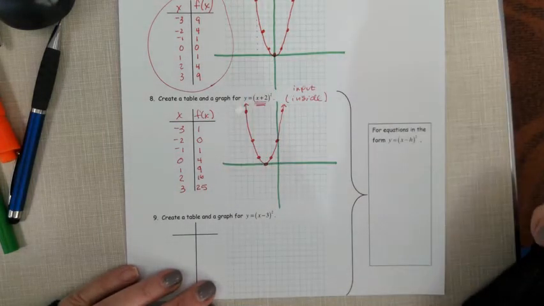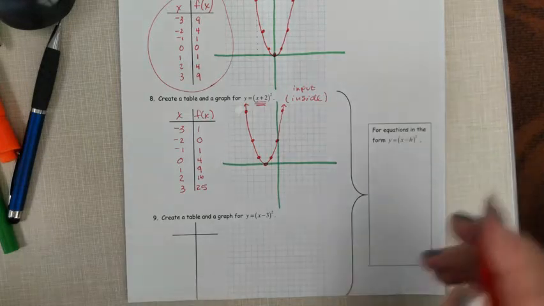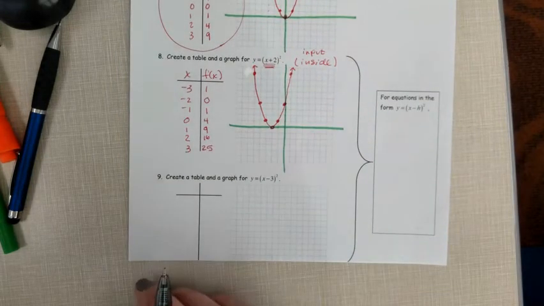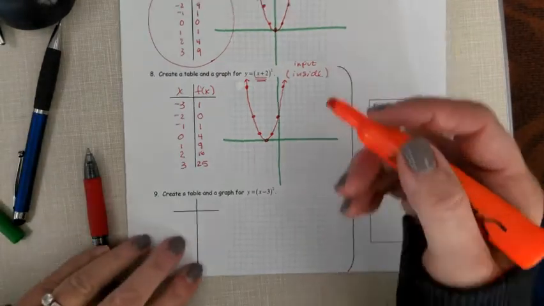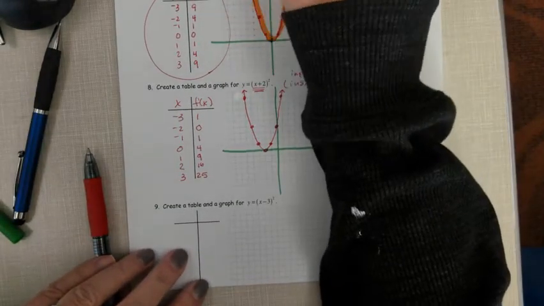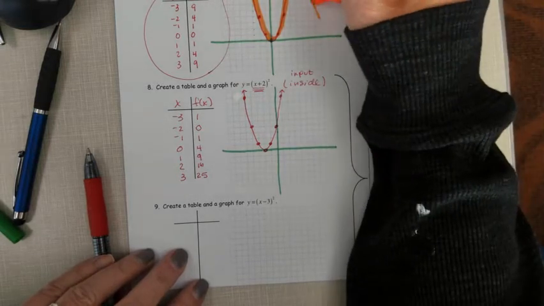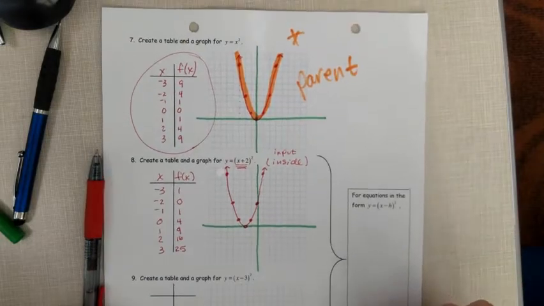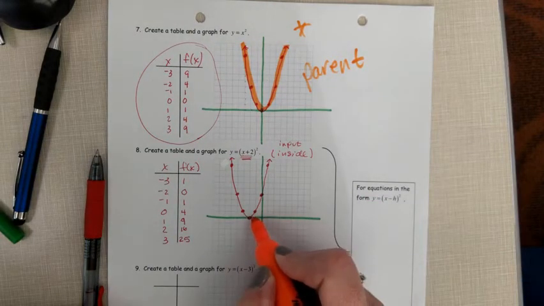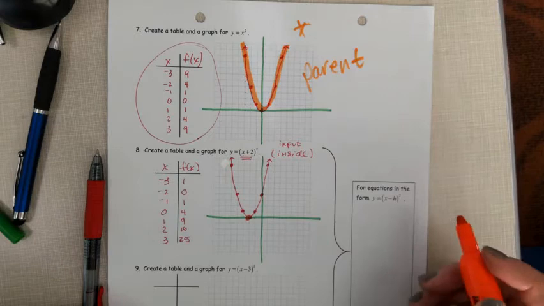All right. Now, if you're comparing the parent, here's the parent. Let's star that again. Parent, that's without transformation, the original, the OG. This is a shift left 2.